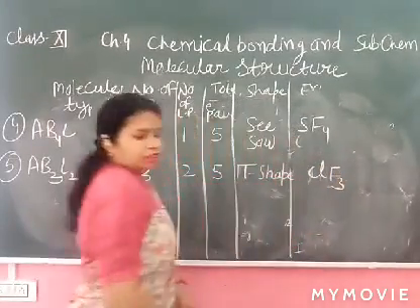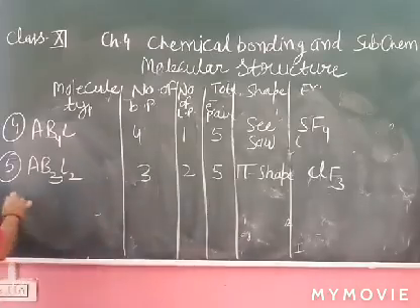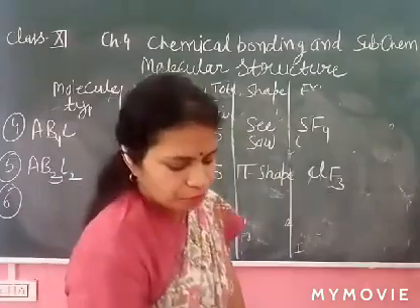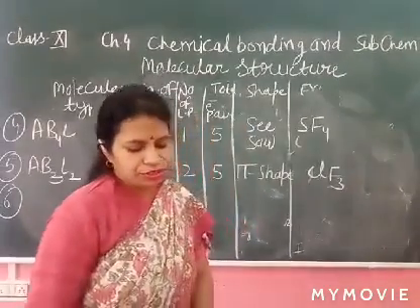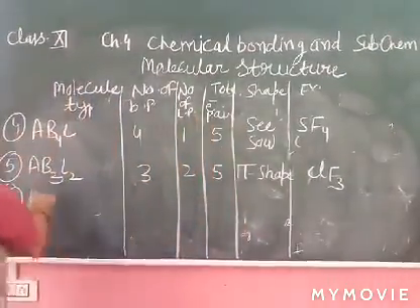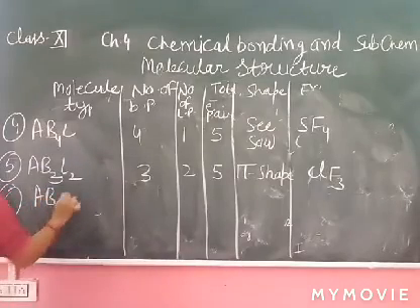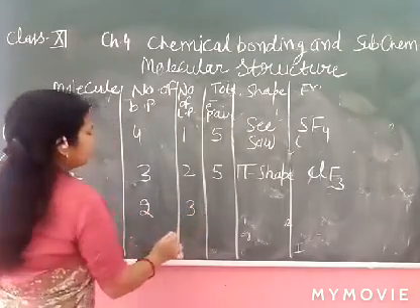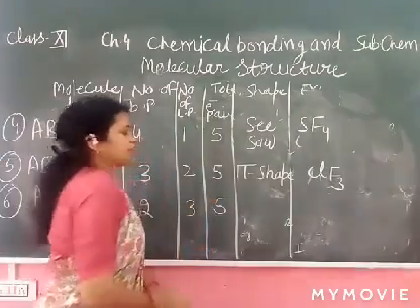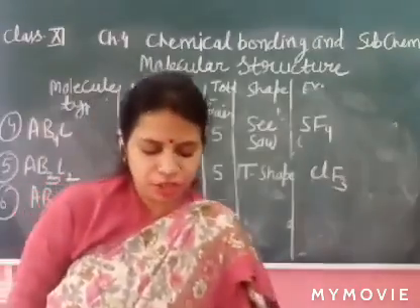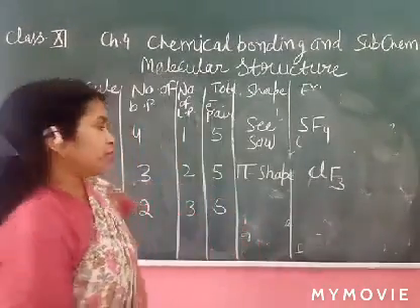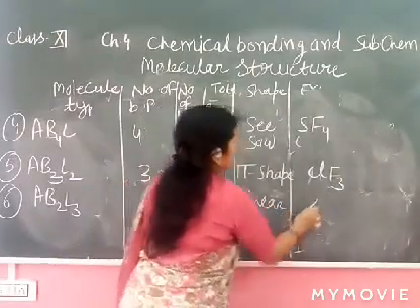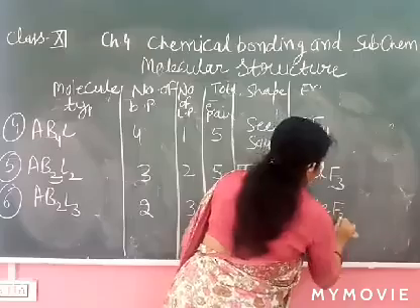Next is AB2L3. It means 2 bond pairs, 3 lone pairs, total 5, and there is more lone pair repulsion, and the structure becomes linear. Example XeF2.